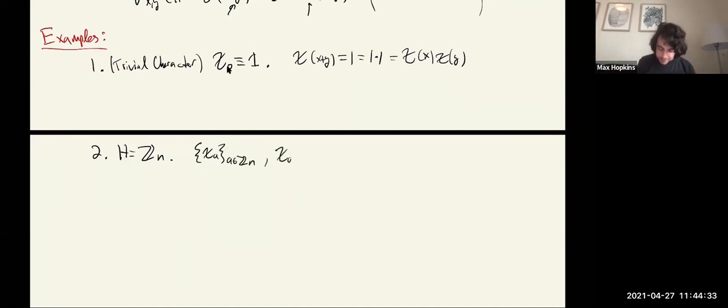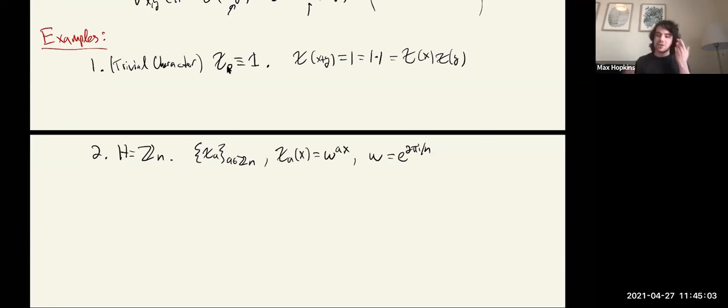And we'll define chi a of x to be equal to omega to the ax, where omega is an nth root of unity. In particular, let omega be e to the 2 pi i over n, right? So when you raise it to the nth power, you get 1, since e to the 2 pi i is equal to 1.